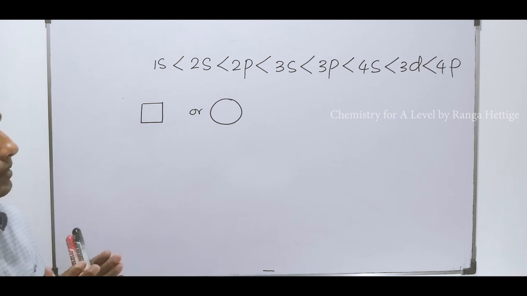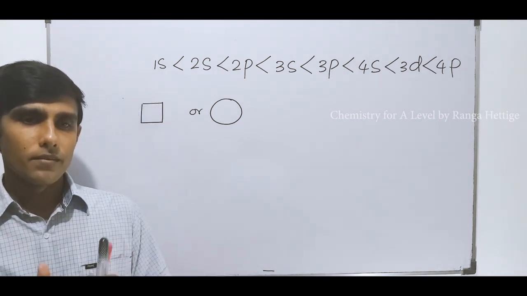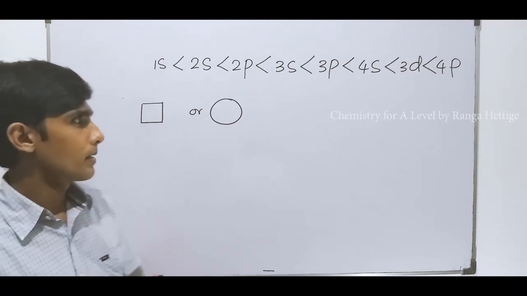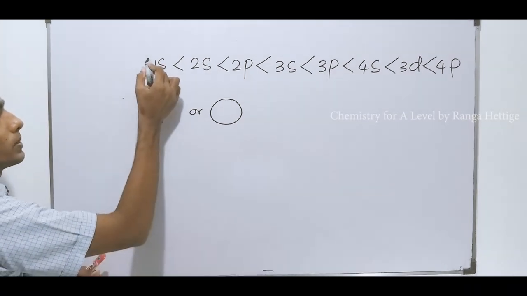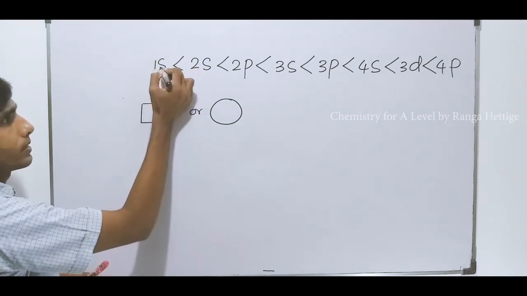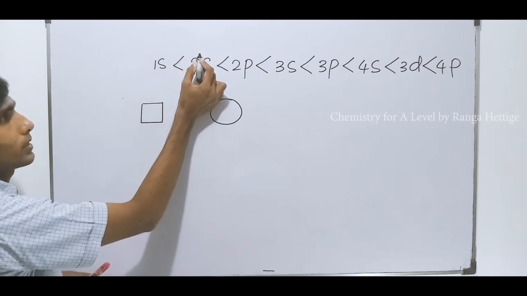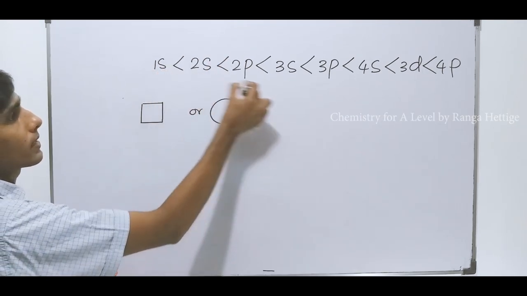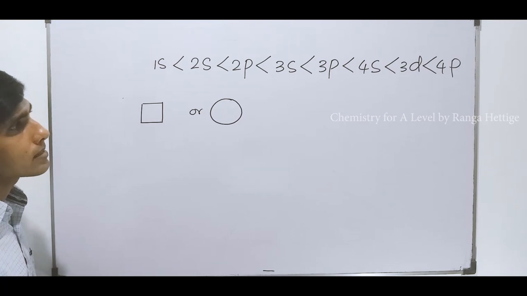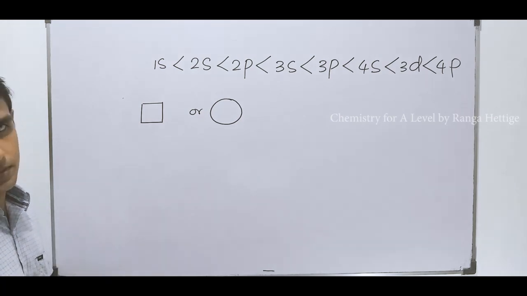I explained the building up principle. According to that, when electrons are added to an atom, they will first be added to the orbital or sublevel with the lowest energy. After that, the next lowest energy, and so on. Electrons will be added in increasing order of the energies of these sublevels.